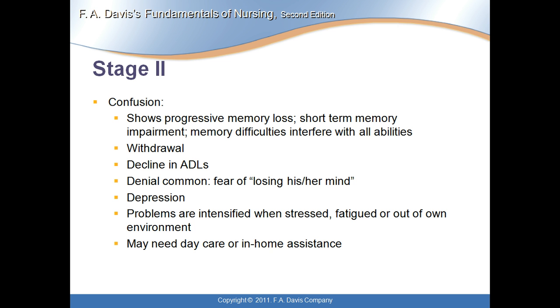So for stage 2, it is confusion. It shows progressive memory loss, short-term memory impairment, and memory difficulties interfere with all their abilities. They'll become withdrawn. They'll decline in ADLs, or activities of daily living. They'll have denial, which is very common. They have a fear of losing their mind.